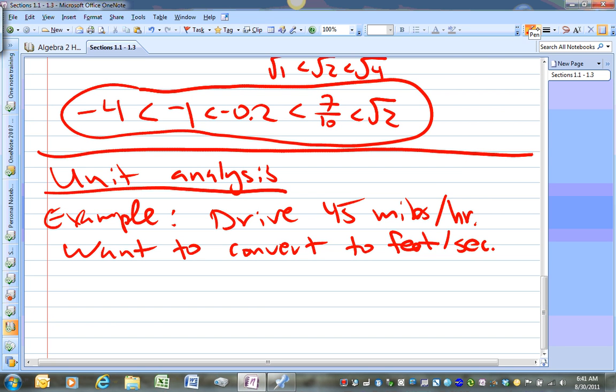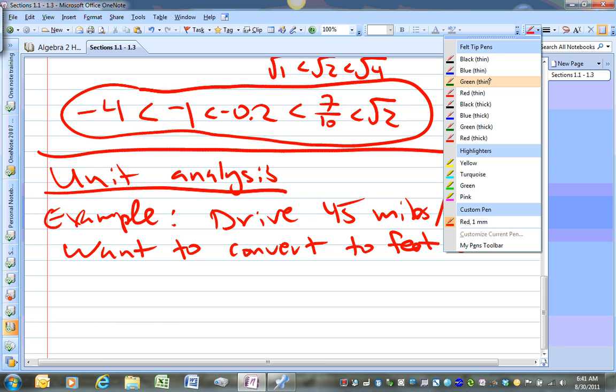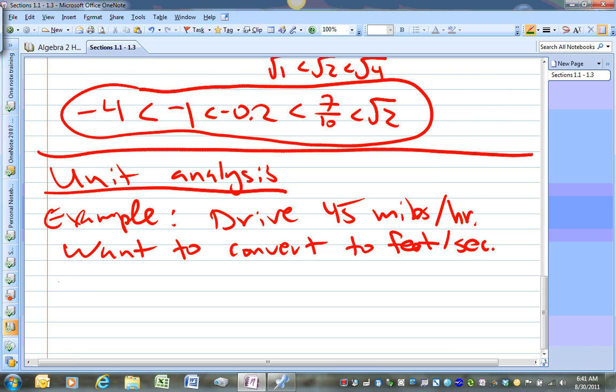So let's use a new color here. We'll try green. So 45 miles over 1 hour. That's what we originally have.